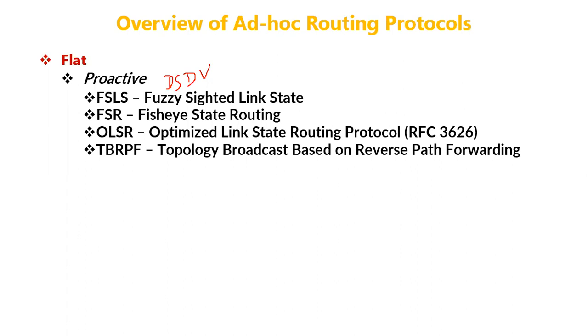Okay, so there are algorithms like fisheye state routing and fuzzy sighted link state routing. These algorithms were proposed to reduce the amount of updates done in the context of updating the routing table. So these are some of the improved versions, which ensure that the routing updates are reduced. What this routing algorithm does is that routing entries corresponding to faraway destinations are propagated with low frequency, and the routing updates about the closer nodes are propagated frequently.